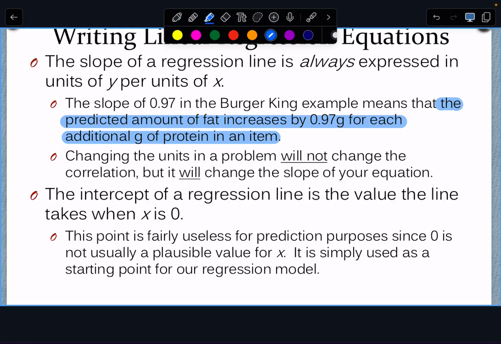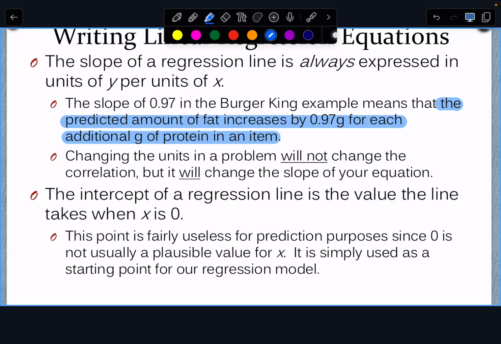The other thing of note here, when we talked about correlation last week, we said that changing units doesn't affect correlation, doesn't change the strength of the association, but regression lines aren't the same though. When we look at regression lines, the units are still attached to everything.